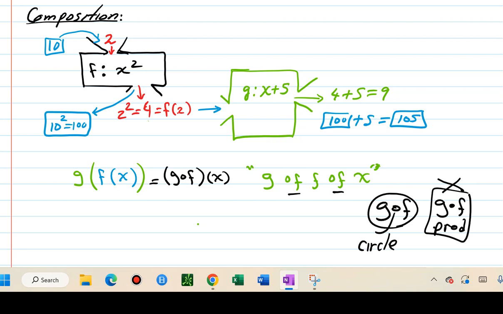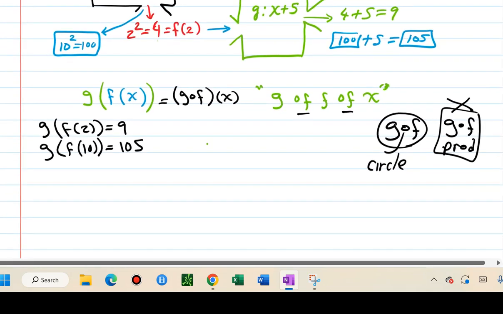Okay, so I can write down then what happened. The one that we are looking at up here, we did g of f of 2, and the final output was a 9. When we did 10, we did g of f of 10. Remember, 10 got processed, gave me 100, and g added 5 to it. The final output is 105.